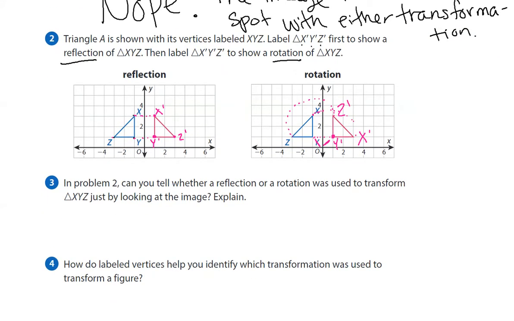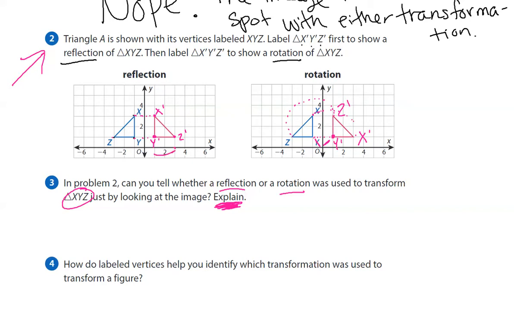Alright, now problem 3 says, in problem 2, which is the one we just did, can you tell whether a reflection or a rotation was used to transform XYZ just by looking at the image? And explain. Well, are they the same?